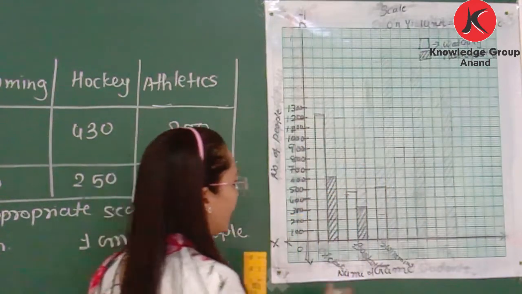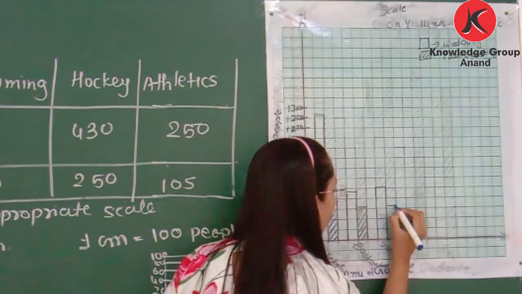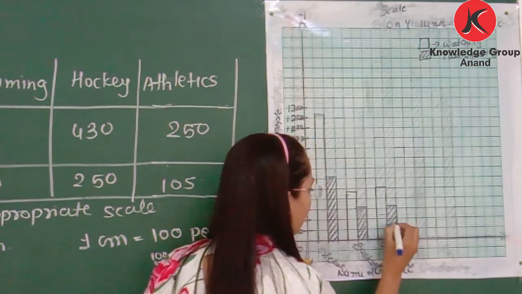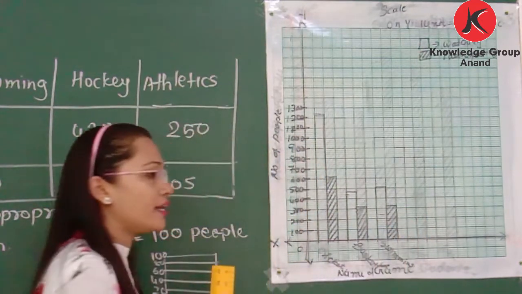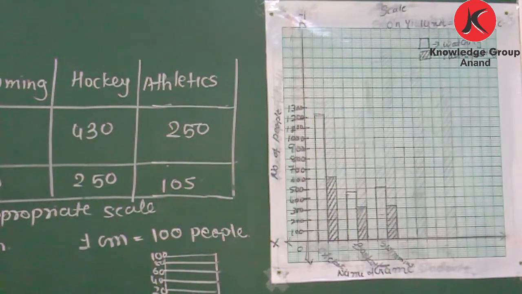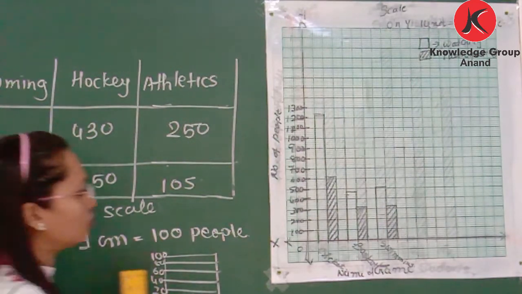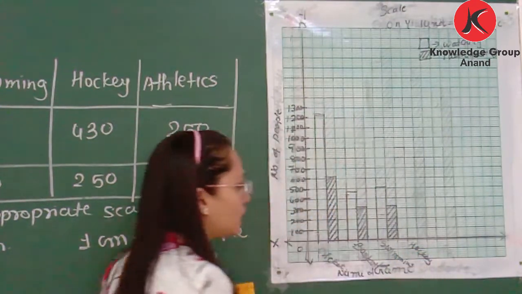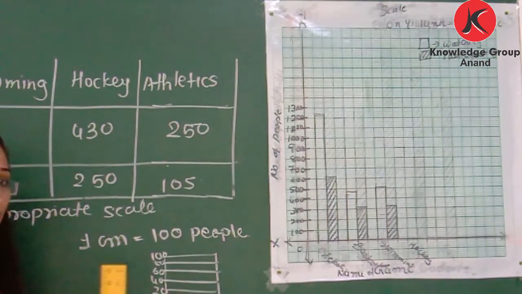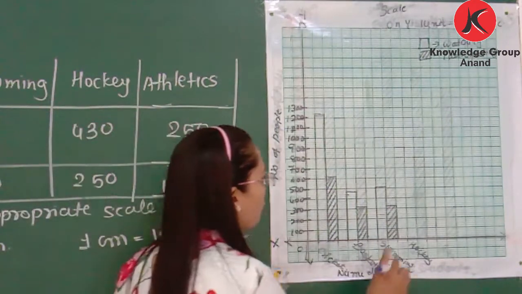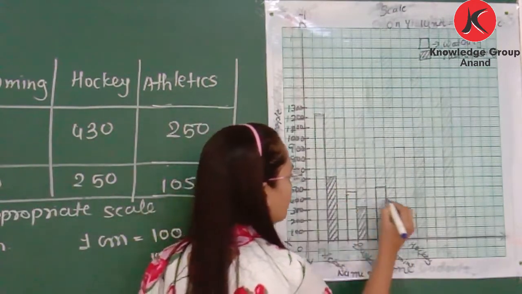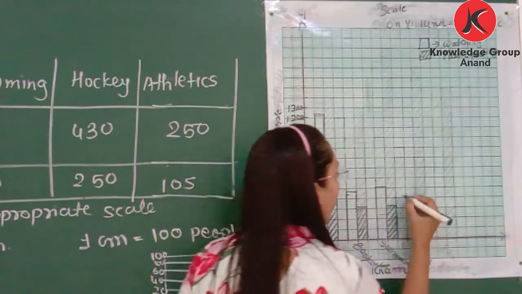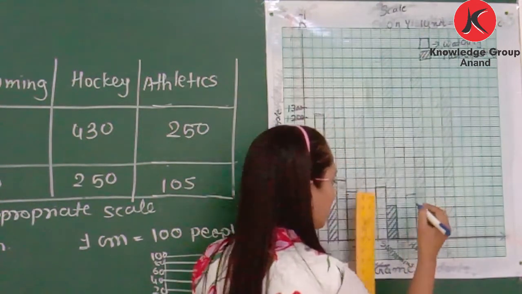And 320 are participating, so after 300 again one line represents 320, because each line represents 20. Now next is hockey. Hockey is watched by 430. So 400 is here, after 400 one line represents 420 and half a line represents 430.